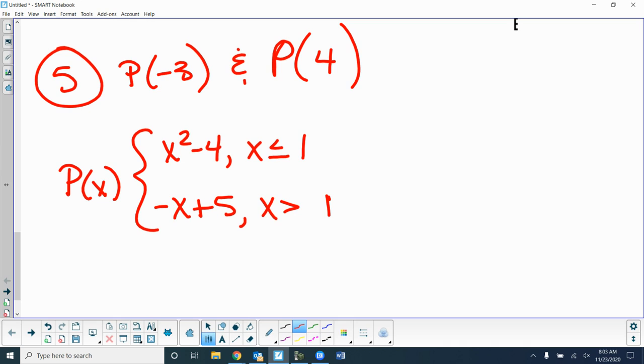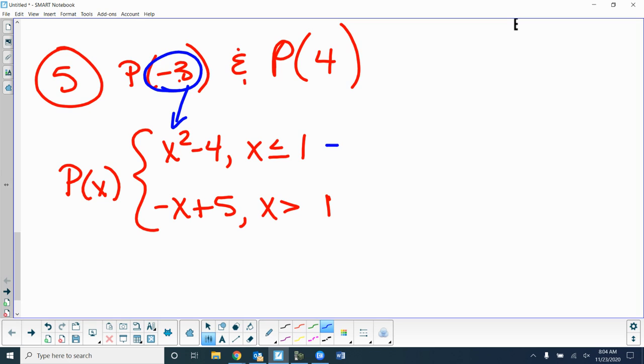Okay, so -3, this is our x, right? This is what the x had said to do. Does -3 fit less than or equal to 1 or greater than 1? Where does it fit? Top or bottom? Does it fit in this inequality or that inequality? The first one, right? So I put the -3 into that one.